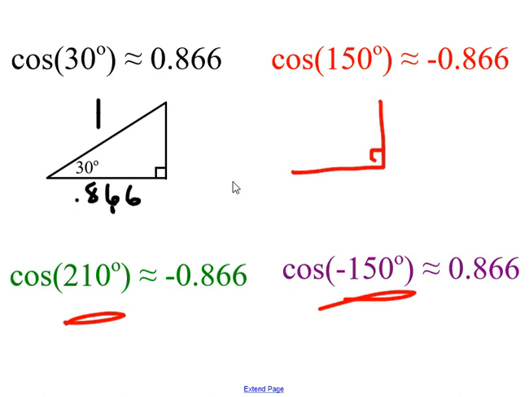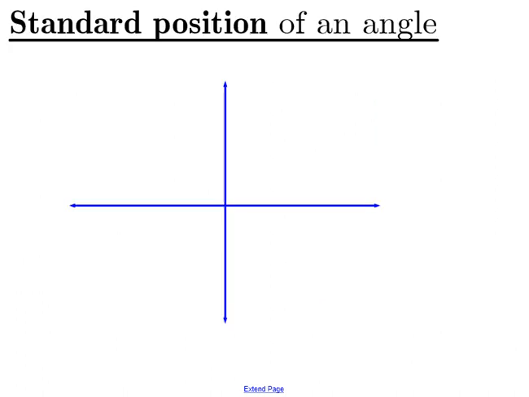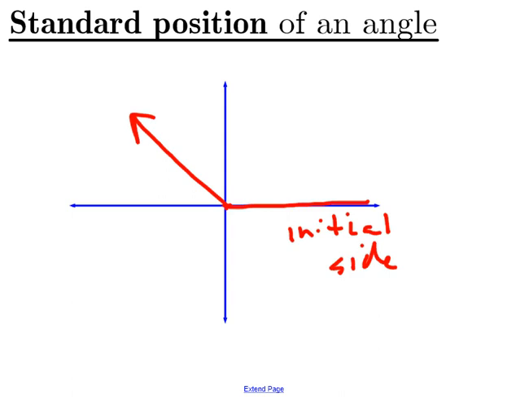The calculator gives me answers, mathematicians have answers. And we learned it has something to do with putting any angle we want in a standard position, where we have an initial side right here. And then we can pick somewhere else in the system, and this would be my angle.